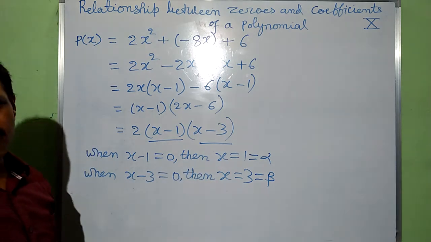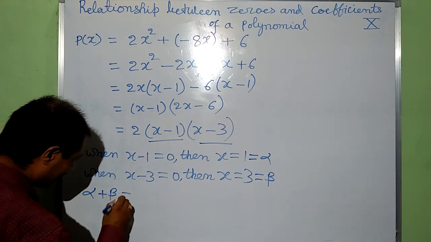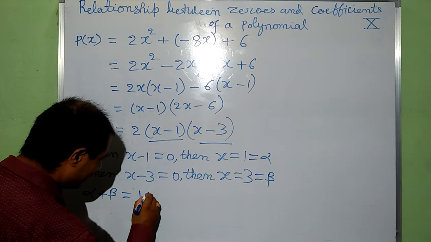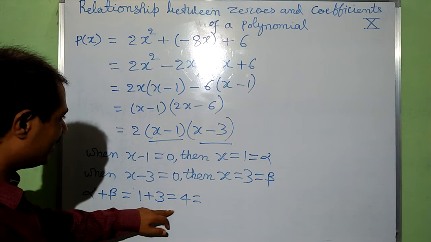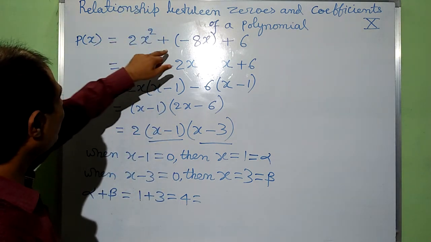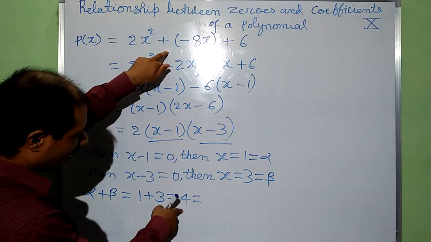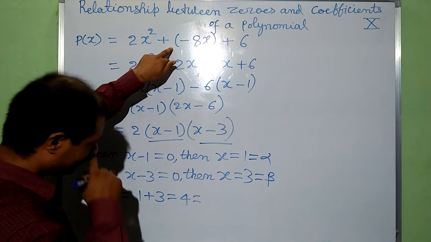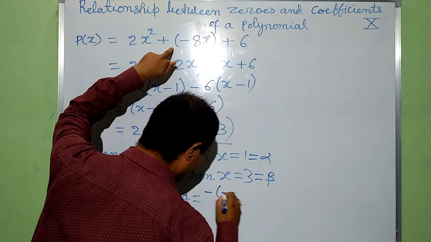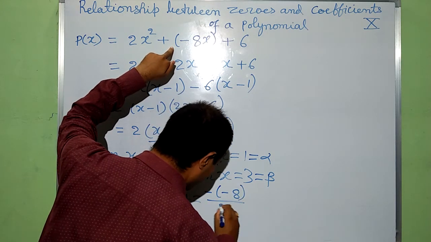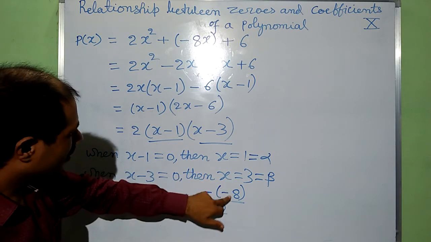Now the sum of zeros, it means alpha plus beta, it will be 1 plus 3, that is 4. Now we have to relate this 4 to the given quadratic polynomial. We have to obtain 4 from this. We can write it like this: minus 8 by 2, and it is minus minus 8.